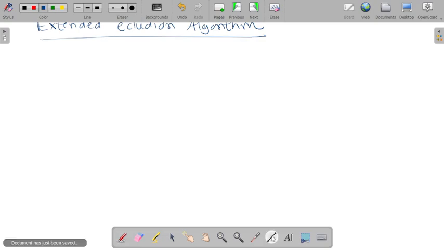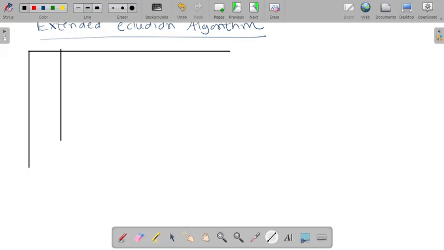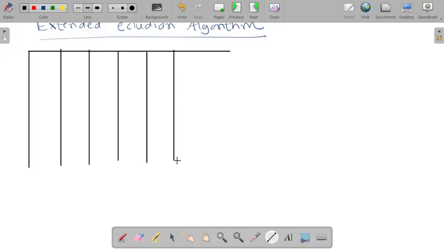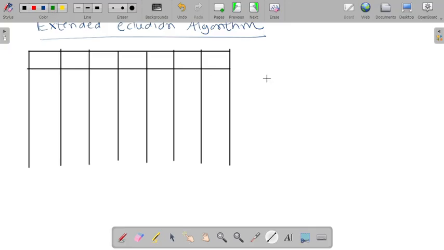So how can we solve this by using the extended Euclidean algorithm? First of all I am making columns, and I am putting the values: first the quotient, then the values of A, then B, then the remainder, T1, T2, and T. So our value of A will be the value of phi of n, and the value of our B is equal to the value of our public key.